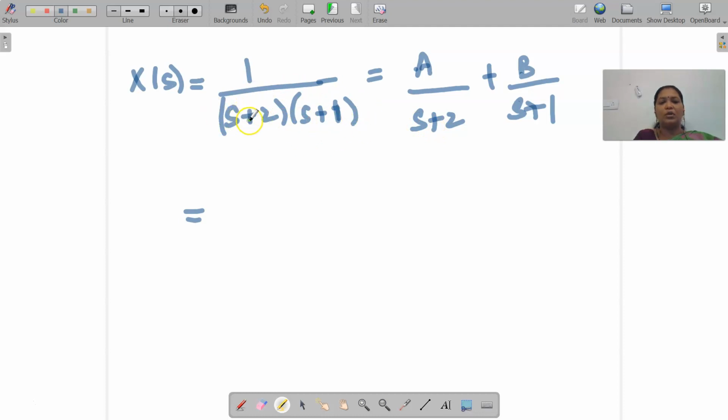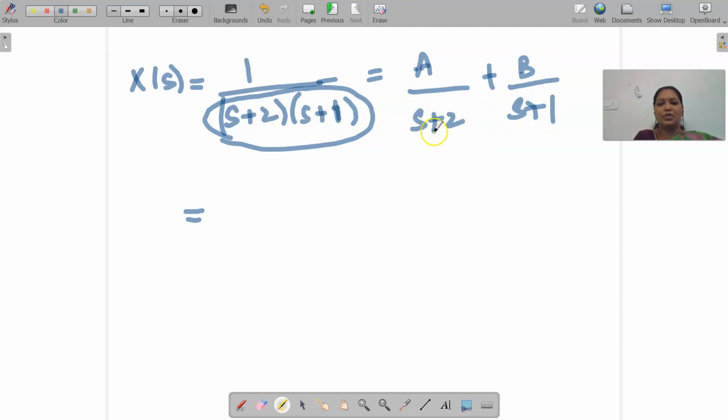This whole term I have to compare with the denominator term of A. I already have s plus 2 in the denominator of A. I'm just telling the easy method. So here, s plus 2 into s plus 1, I'm writing as A by s plus 2 plus B by s plus 1.